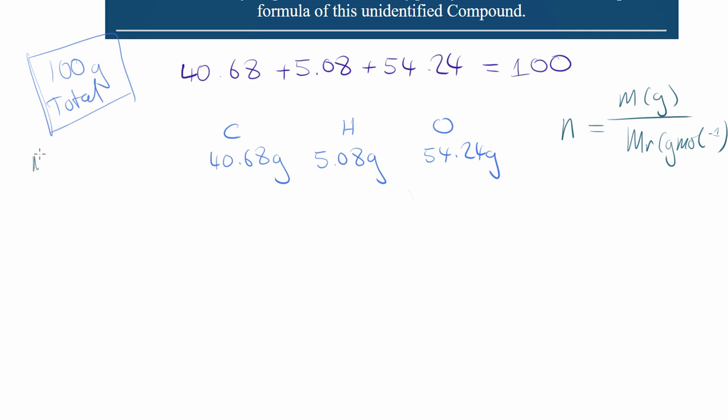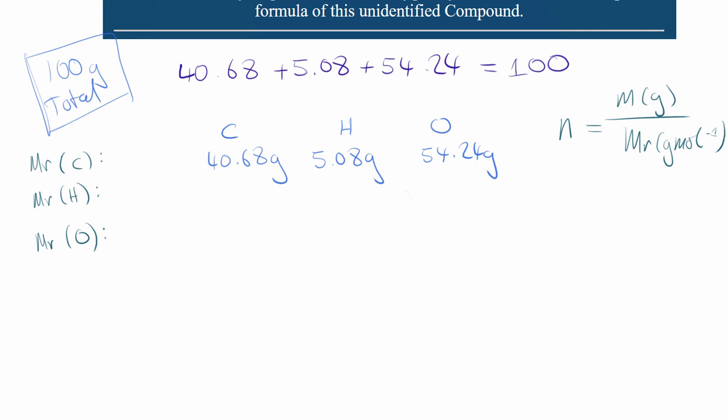So the Mr of carbon, Mr of hydrogen, Mr of oxygen. I would assume you know the Mr of hydrogen, probably of carbon as well, perhaps also of oxygen. But in any case, at this stage I'm going to refer to the periodic table.